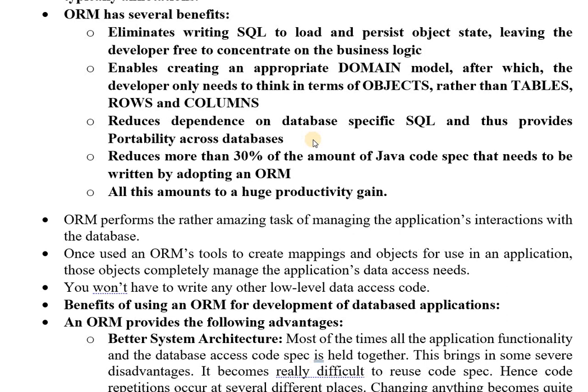Another benefit of using ORM is it reduces the amount of code that needs to be written by almost 30%. And because of all this, there's a huge productivity gain. There's a huge load that comes off the developer's shoulders, and ORM is handling lots of things.